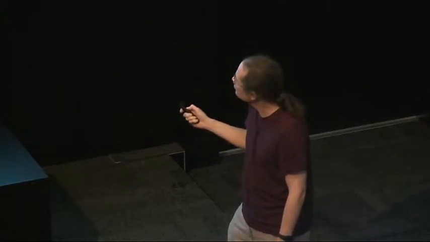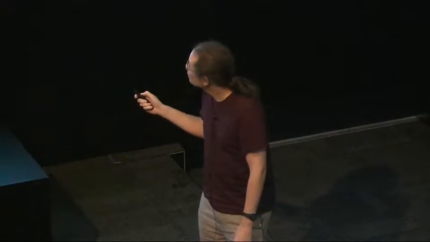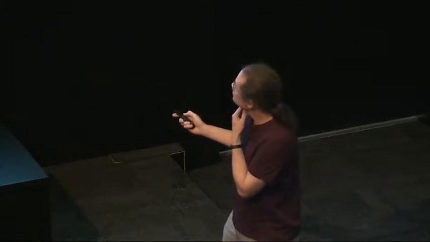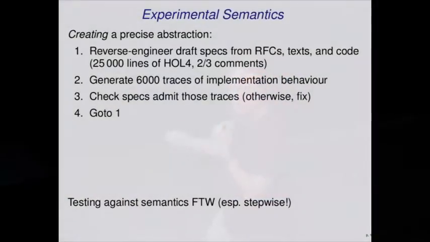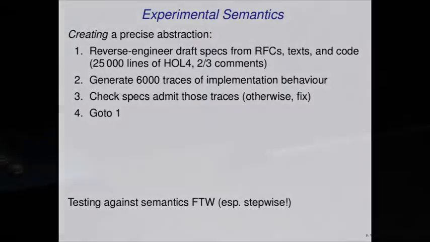The behavior of these things is extraordinarily complicated and, unsurprisingly, terribly badly specified, even though this is an interface which most of the software and machines on the planet have to deal with. So what can we do to build a specification for that? What we did was something that we called experimental semantics, which was not so common back then.